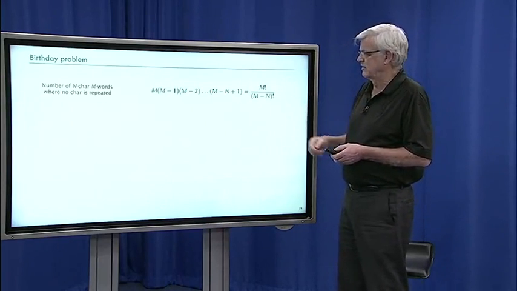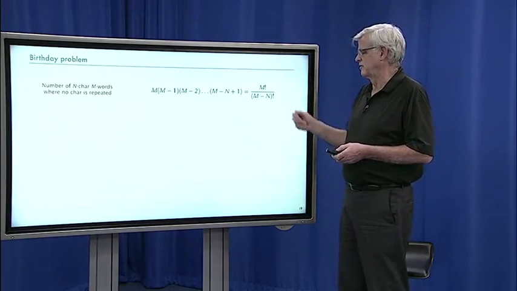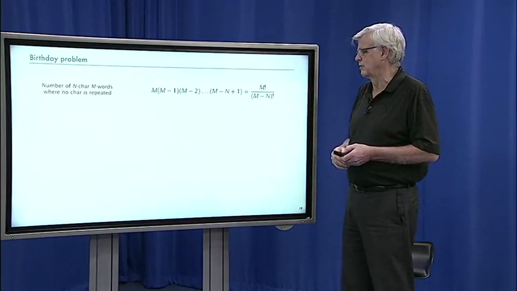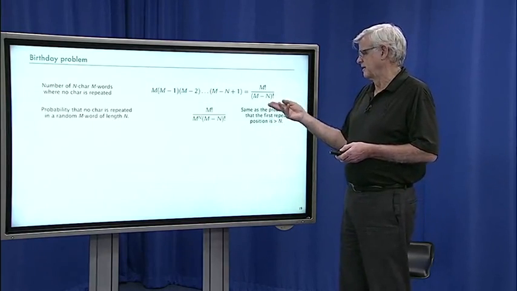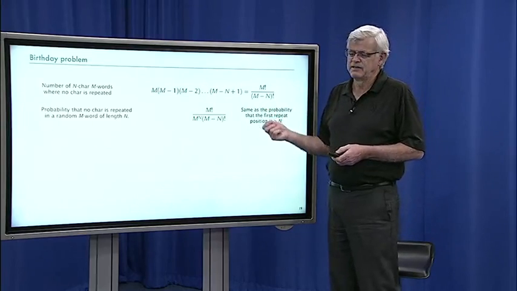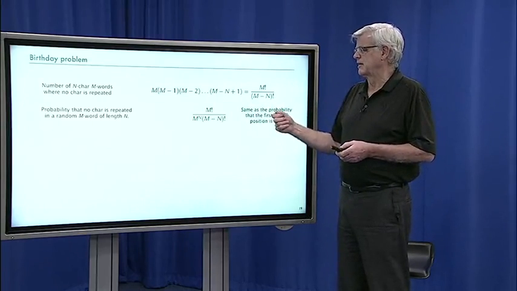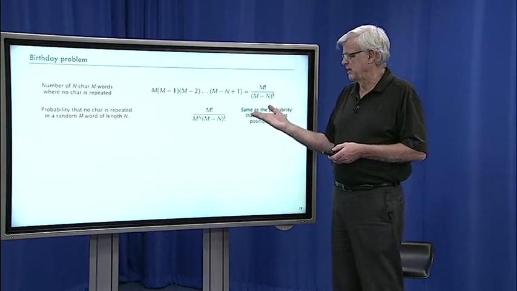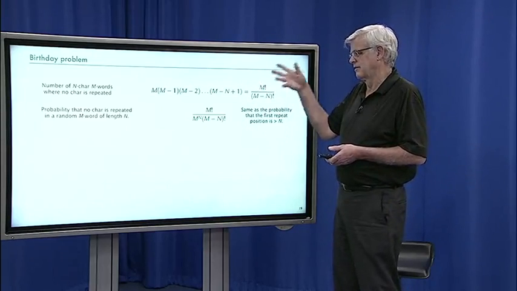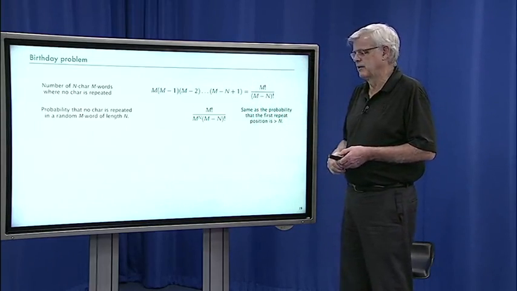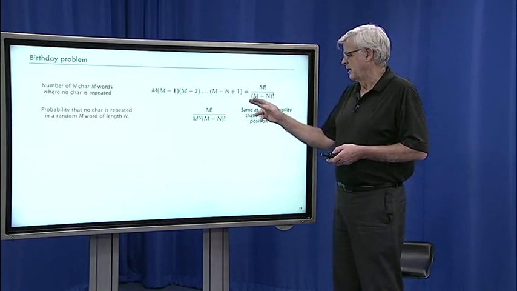Again, n has to be less than m, but that's the number. If we divide by m to the n, that's the probability that no character is repeated in a random m-word of length n. It's the number where none are repeated divided by the total number possible.